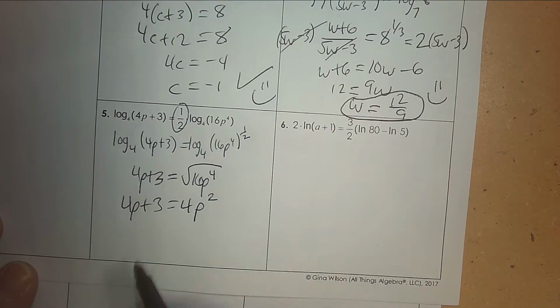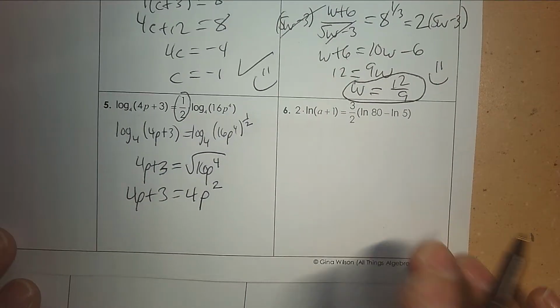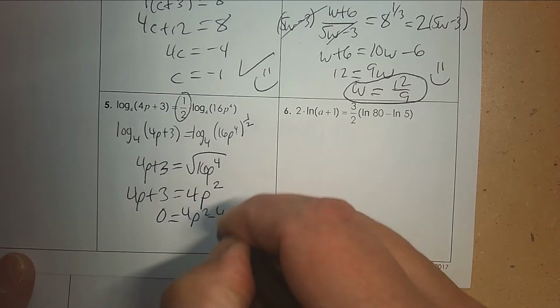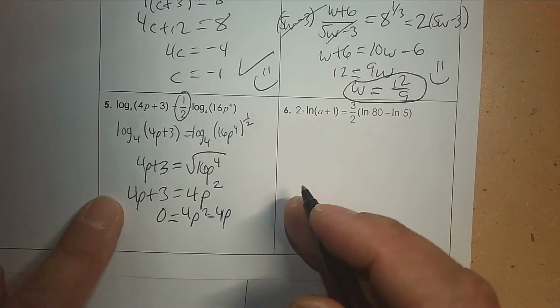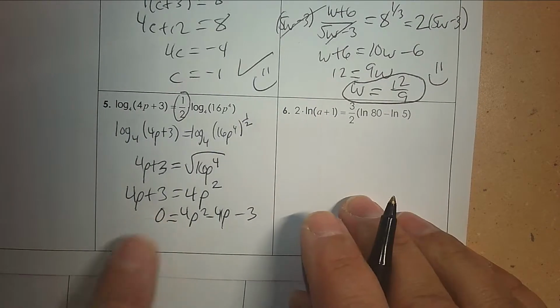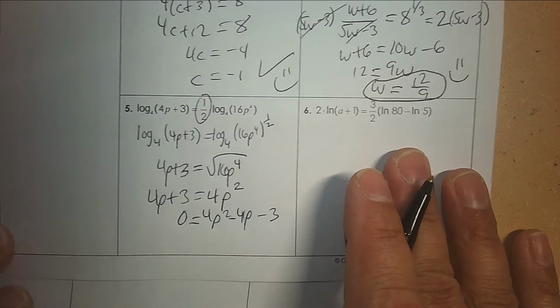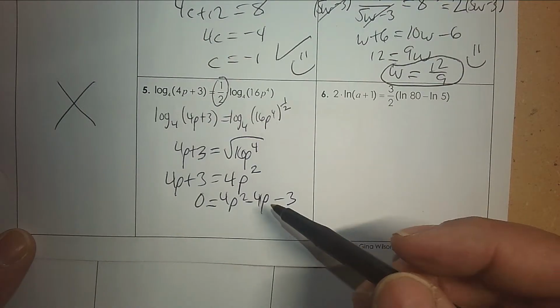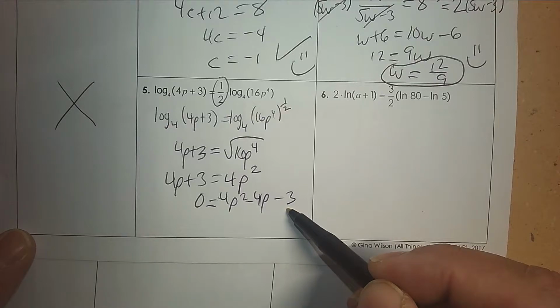What type of equation is this now? So for a quadratic, it needs to be equal to 0. So I'm going to subtract 4p and subtract 3. This is not a simple quadratic. So in order to do it, what do I need to do to factor it? 4 times -3 is -12. -4 underneath.